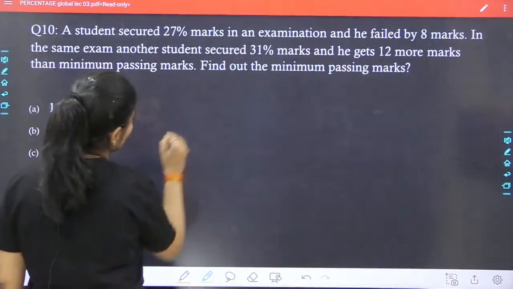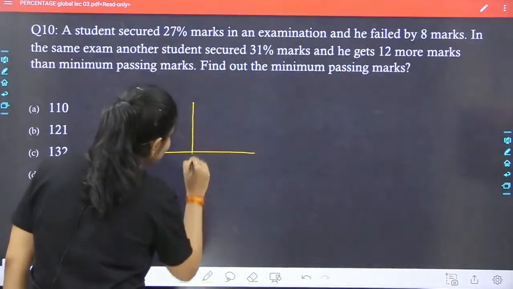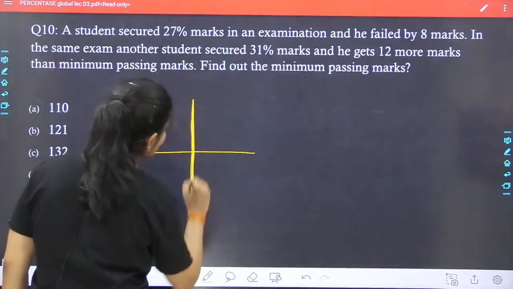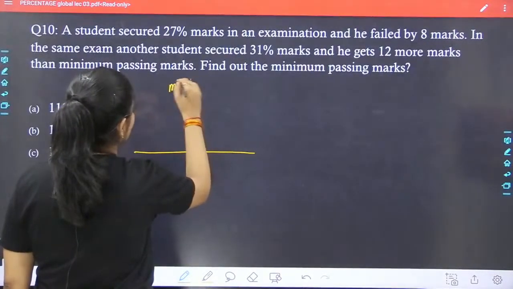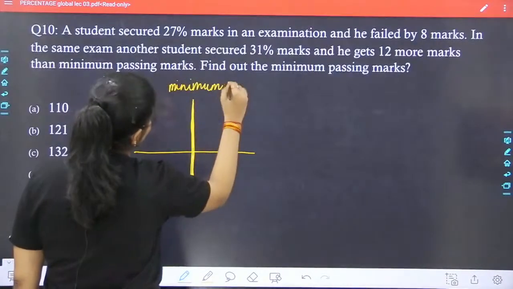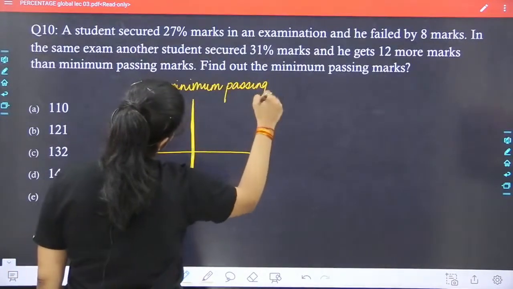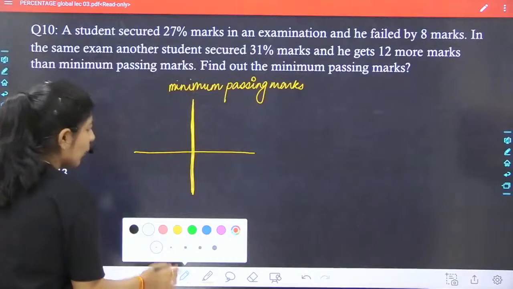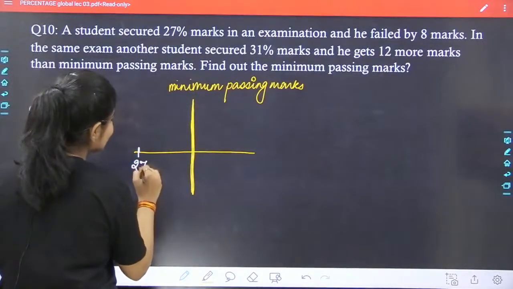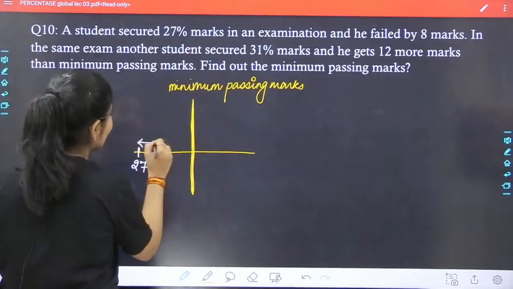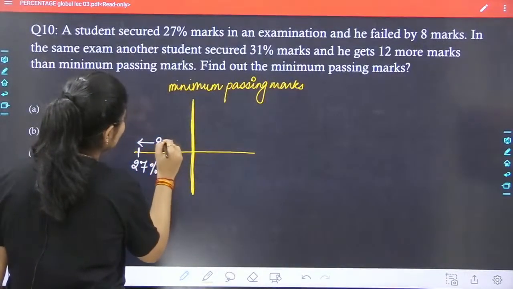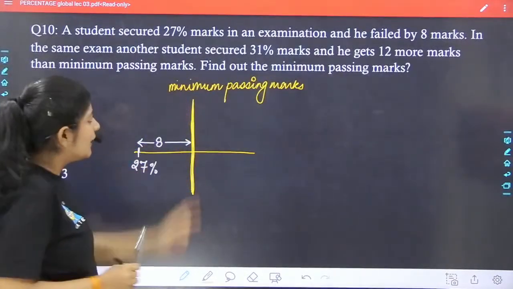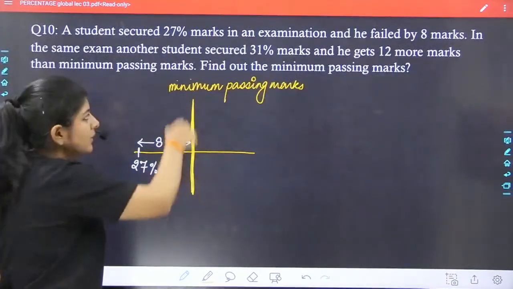Okay, if I draw this line as my minimum passing marks, it is given that one student secured 27% and he failed by 8 marks, right? If he secured 8 more marks, then he will be on this line, on the minimum passing marks.